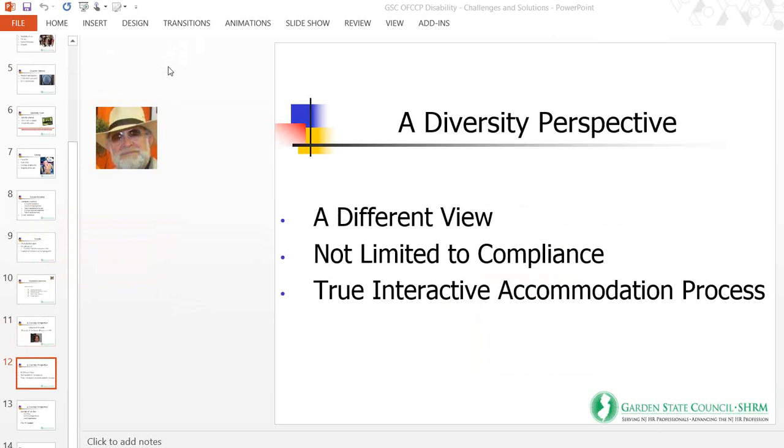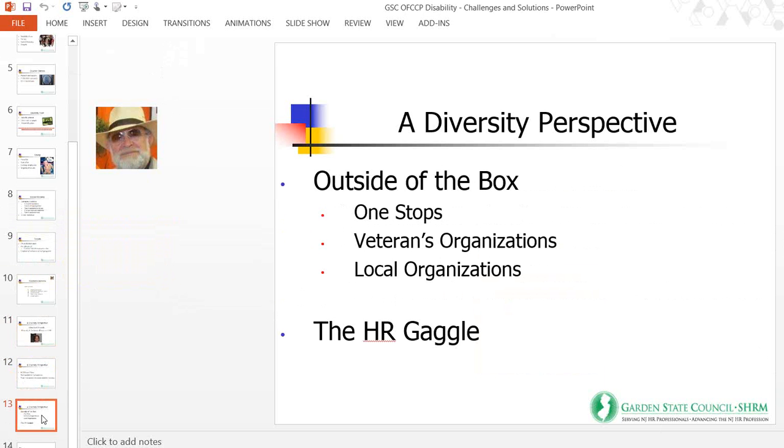Our interactive processes should not end until we really have explored everything that we can possibly think of, discover, and research that might help us to get to a point where we can find a coordination between what we need and what an individual needs who's differently able.